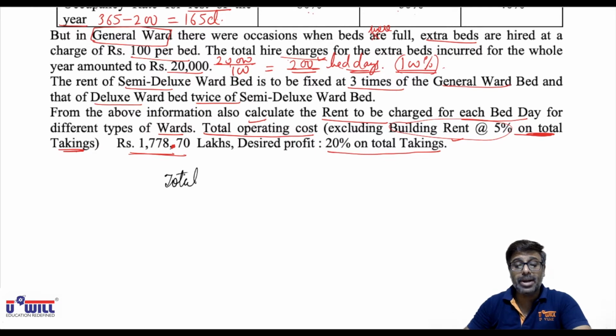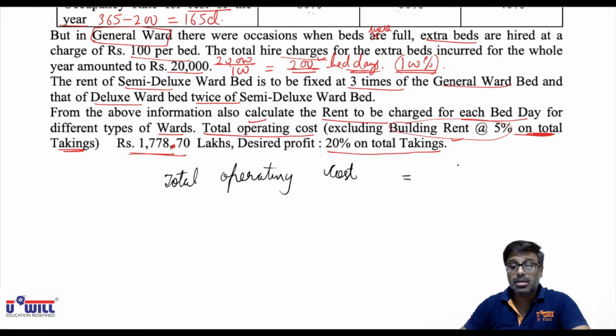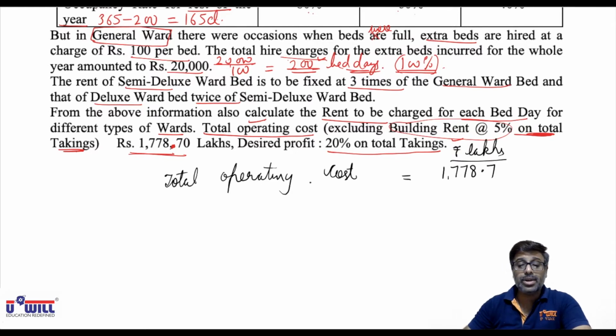Total operating cost is 1778.7 lakhs, rupees in lakhs. Now what is not included in this operating cost? Building rent.